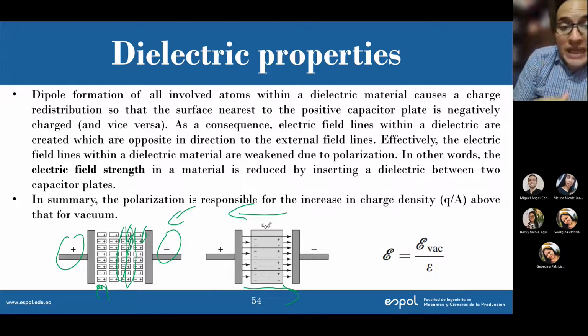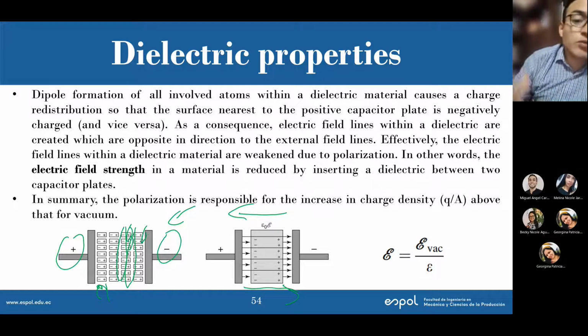And why am I reducing it? Because you create internal electric field lines because of the polarization, since the electric field is creating that polarization in my dielectric material.